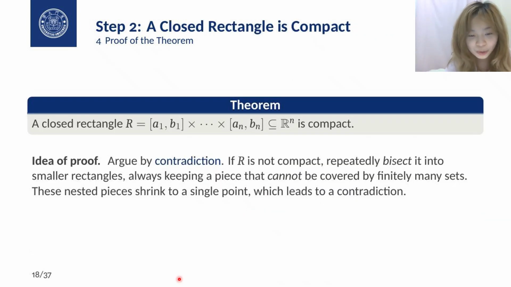Okay, now move on to the heart of the proof. We want to show that a closed rectangle R, equal to the product of intervals [a1, b1] through [an, bn], is compact. And we will argue that by contradiction. If R is not compact, there is an open covering A with no finite subcover.